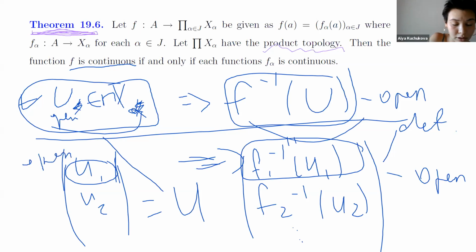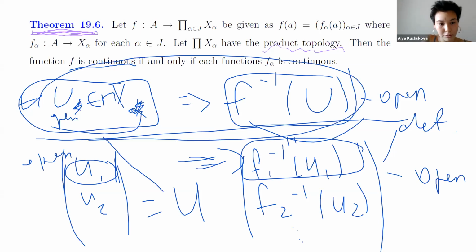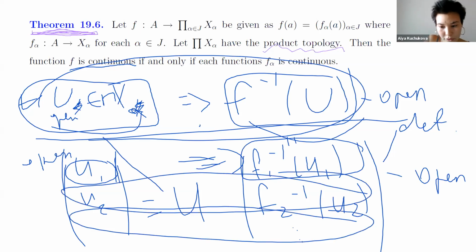So I guess this arrow implies that this happens for each of the lines, so it happens for all the alphas. And so you get that this is continuous for all f alphas, I guess. I'm trying to see if I have any logical mistakes in here, but I hope not.